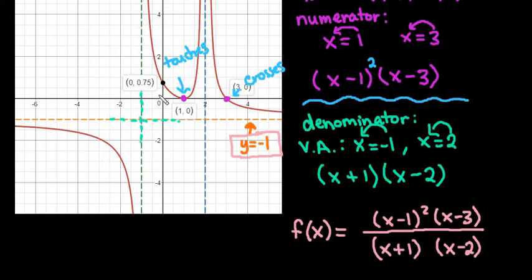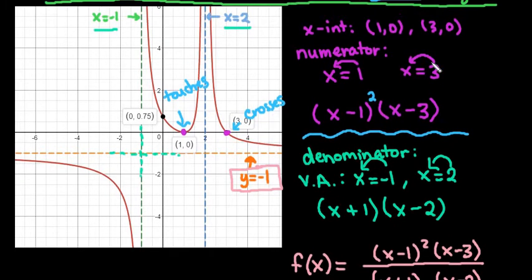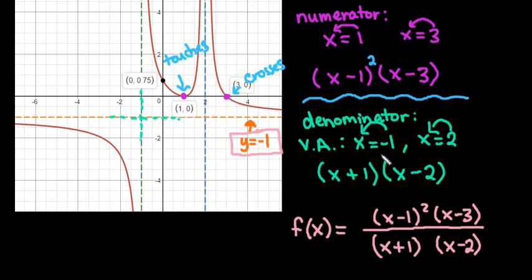They're across from each other, which tells me that this one has to have odd multiplicity. So x equals -1 has to have odd multiplicity, so we're going to leave this as a degree 1.